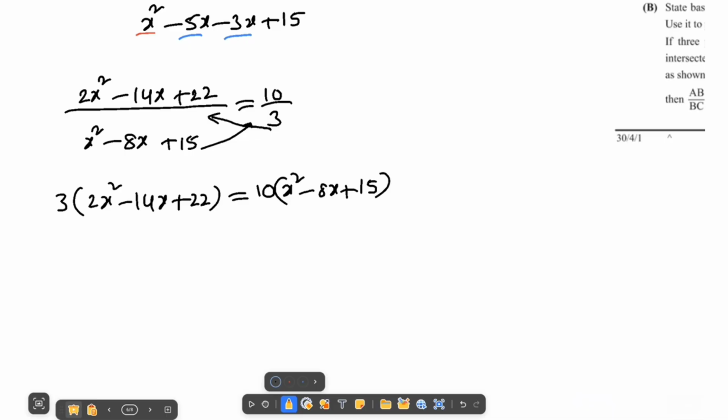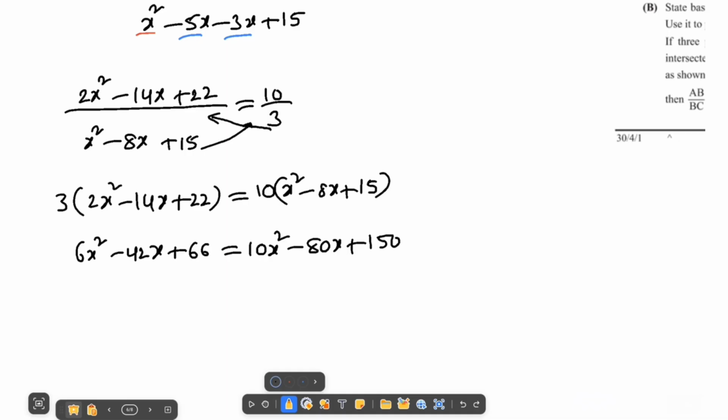So 3 into 2x square, 6x square; 14 threes are 42, 42x; 3 into 22, 66; equals 10 into x square, 10x square minus 80x, 10 into 8, 80x; 10 into 15, 150.